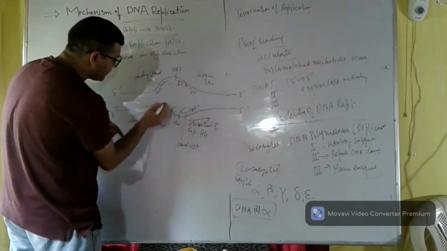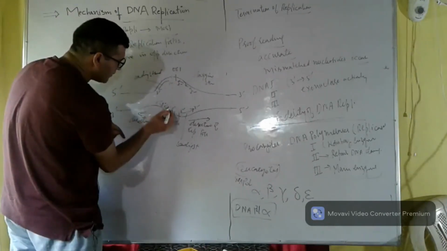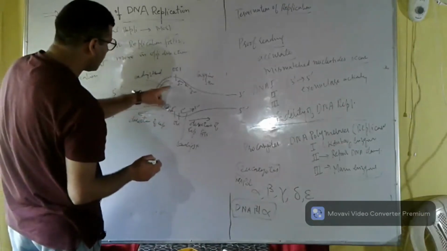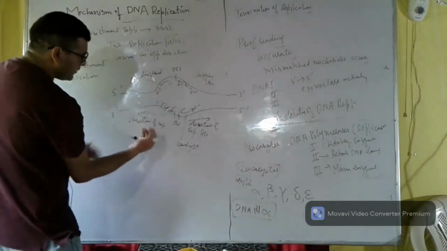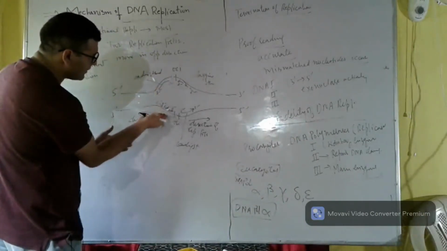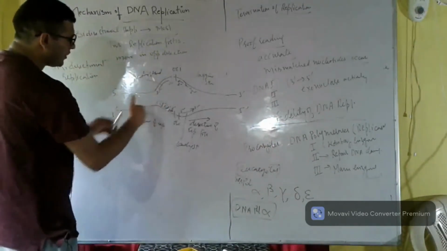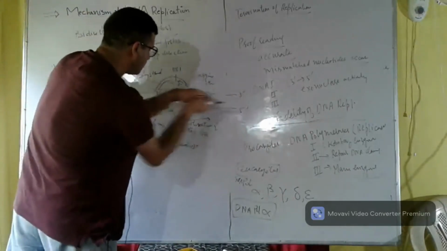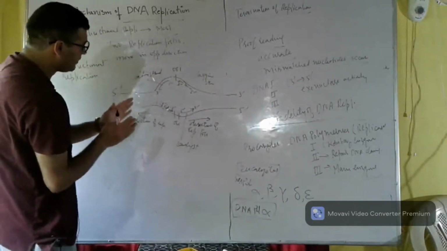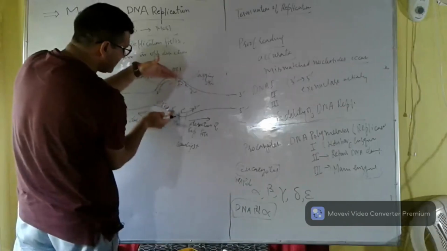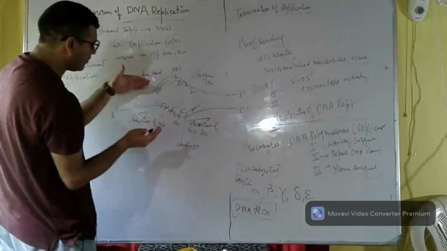So one strand is synthesized continuously, called the leading strand, and the other is synthesized in short segments, called the lagging strand. This is one replication fork, and this is another replication fork. That means it is bidirectional replication, which is the most common type.